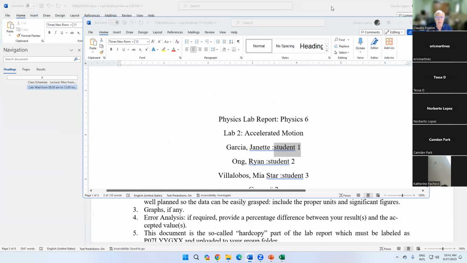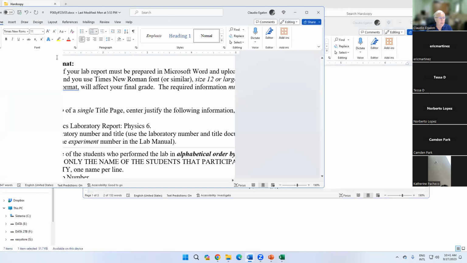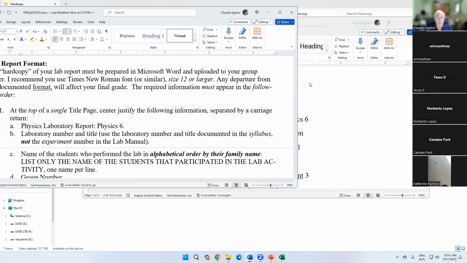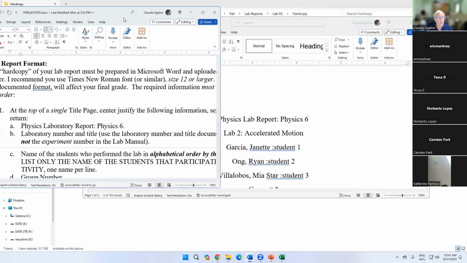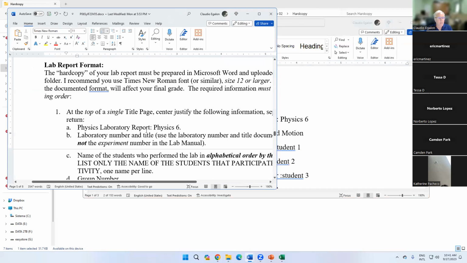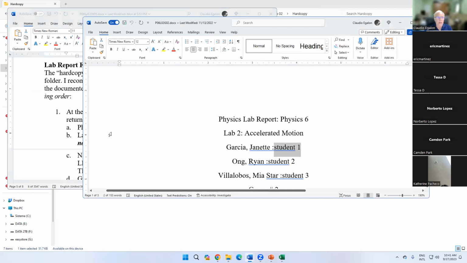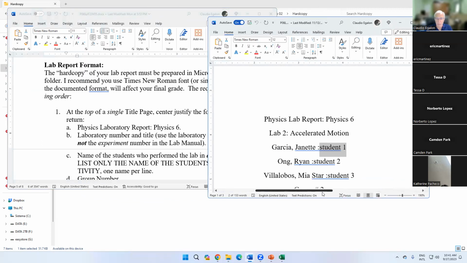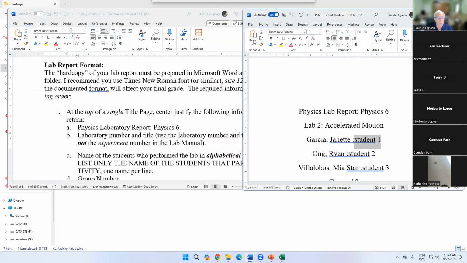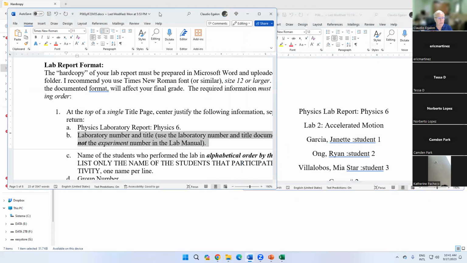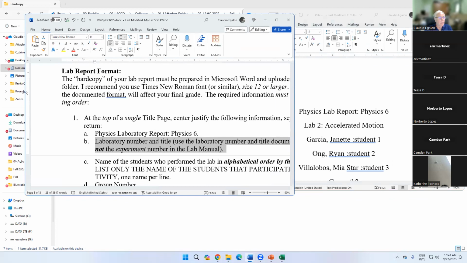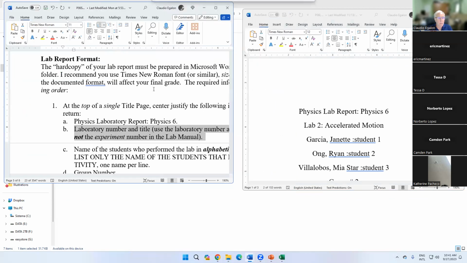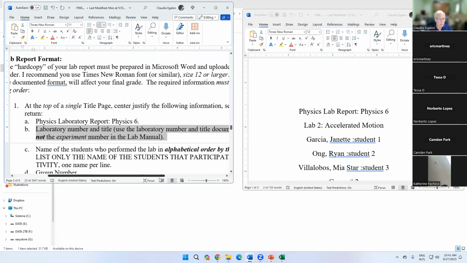So side by side, let's take a look. Physics lab report, Physics 6, laboratory number and title. Yeah, they put that's lab 2. And the student names in alphabetical order by family name, not last name, by family name.